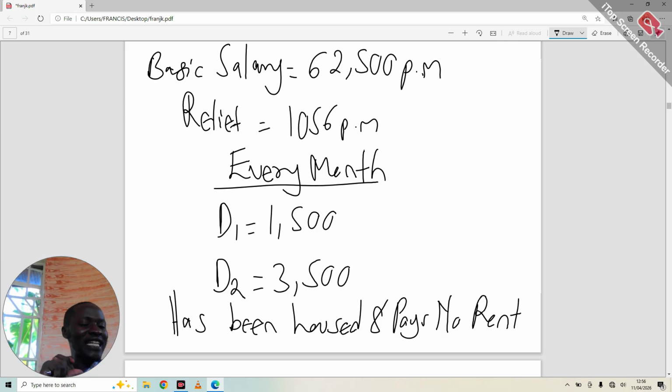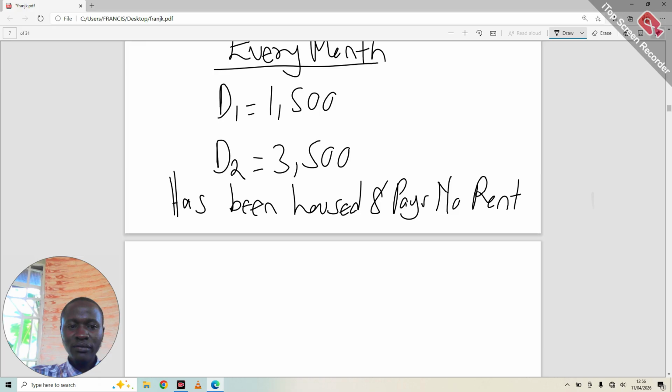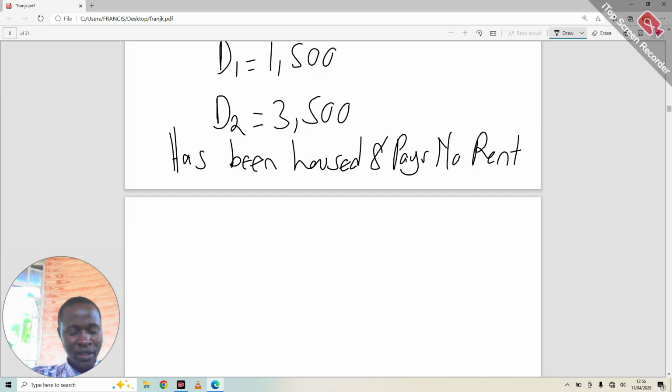We must have our net tax. Then finally, we must have our net income. And remember, it is not just net income. It is net monthly income. Okay. So let's first start by getting our taxable income.